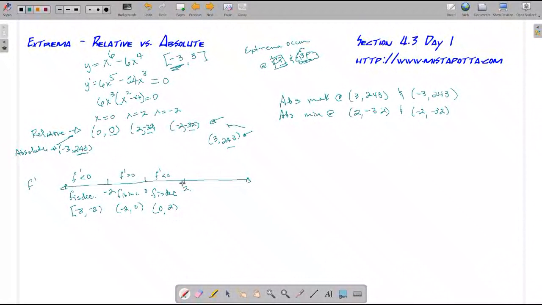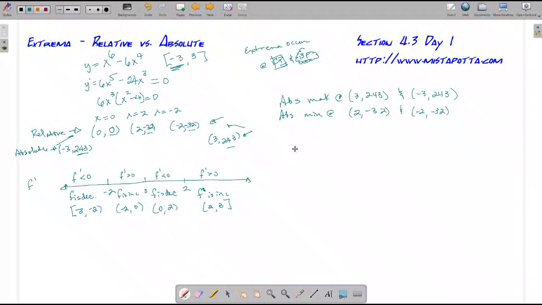And for any value that's larger than 2, that value squared minus 4 will be positive. And if it's positive, then its cube is positive. And the product of two positives is positive. So my derivative is greater than 0, so that means that f is increasing on the interval from 2 to 3.